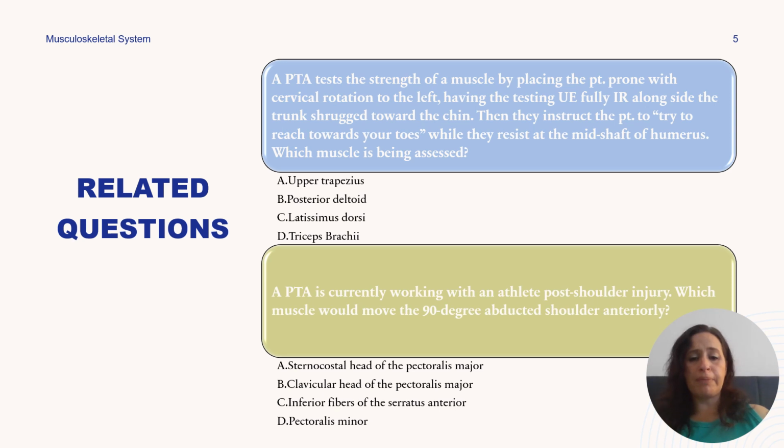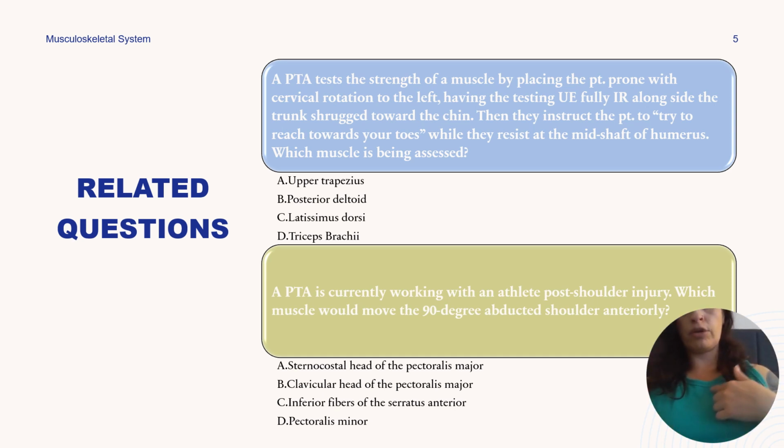So you're left with the pec major, but then they're specifying one part or the other part, right? Is it the sternocostal part or the clavicular head part? Again, you have to think of what part can possibly be attached to that humerus.